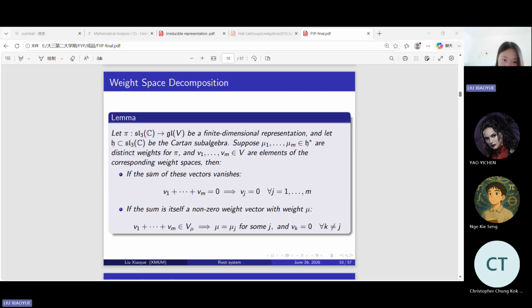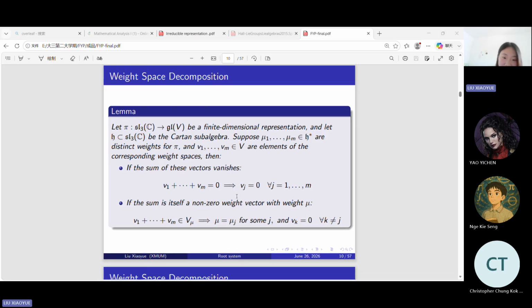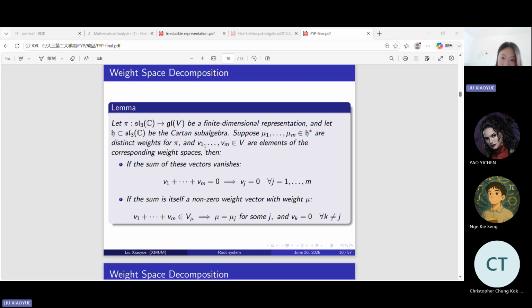The first point is if the sum of these vectors vanishes, which means it equals 0, then all the v_j must equal 0. The second point says if the sum is a non-zero weight vector with weight mu, then the weight vector must be one of the v_j, and the weight is one of mu1 to mu_m.